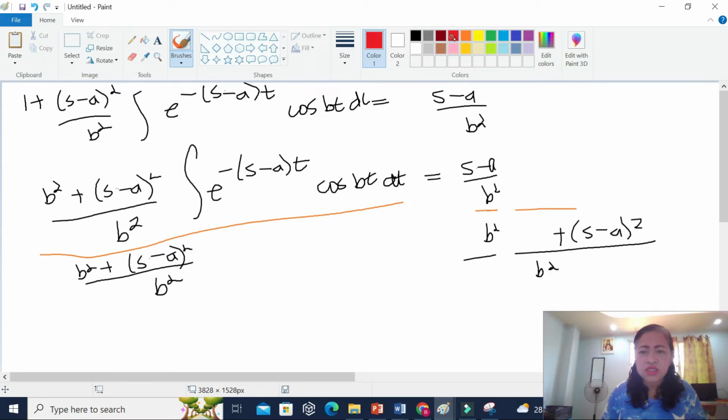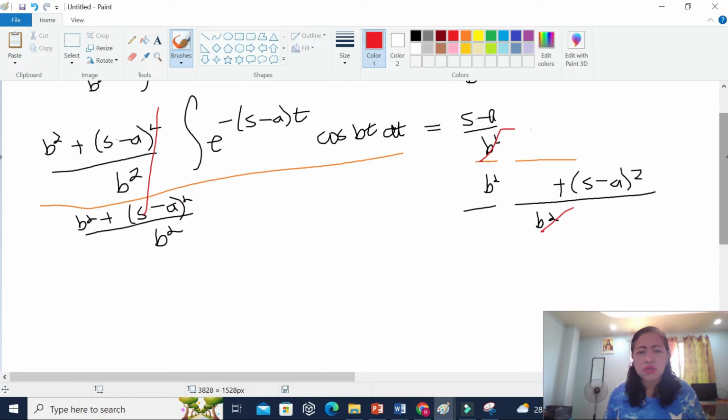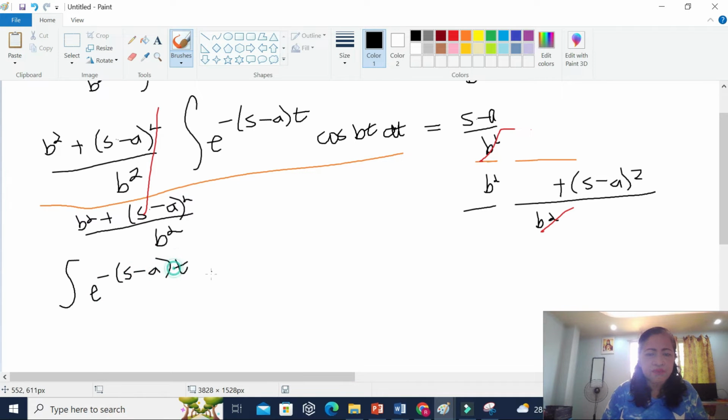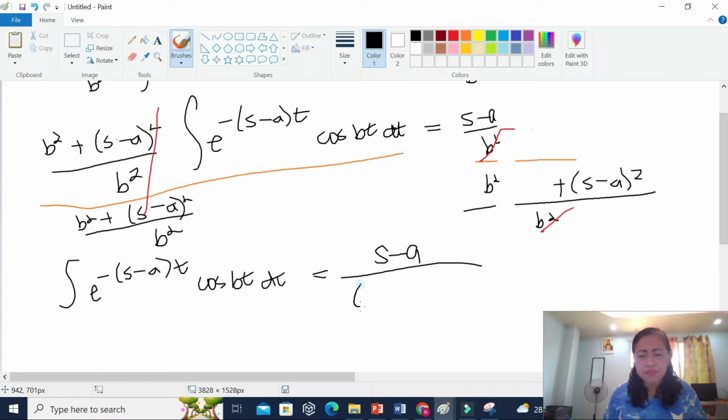So I can cancel this and this, this whole term. So the original equation, the integral of E to the negative (S minus A) T cosine of BT dt, will now be equal to (S minus A) all over (S minus A) squared plus B squared.